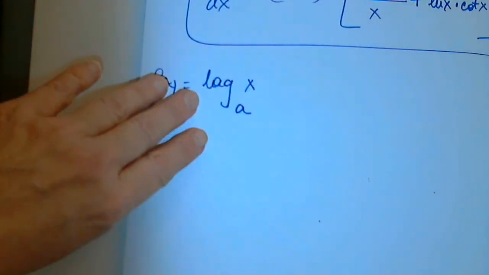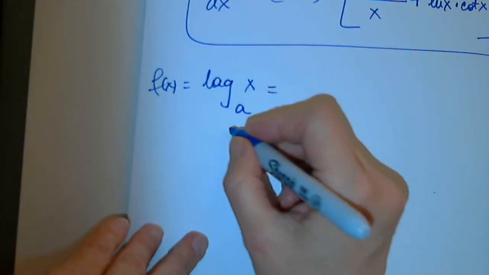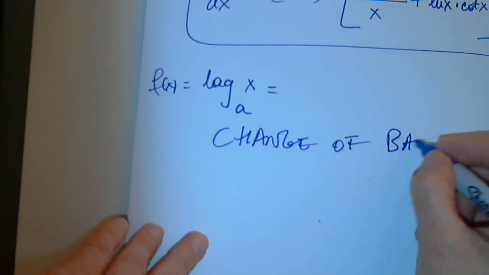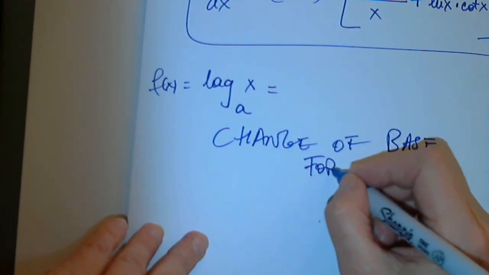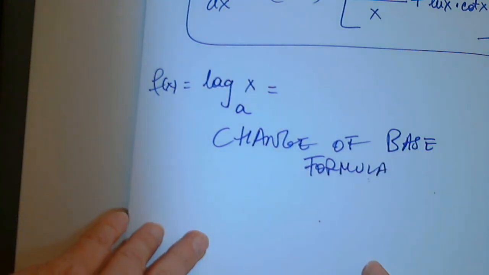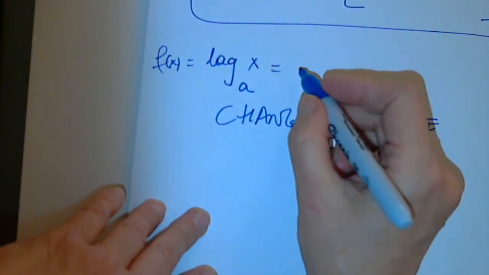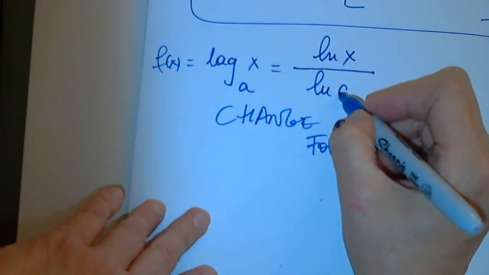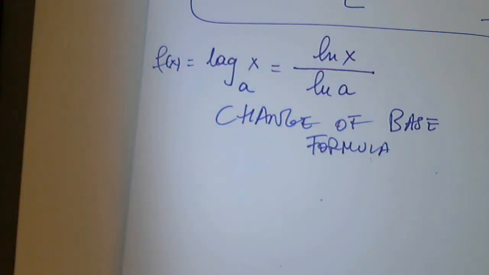Okay. So remember there is what is called the change of base formula. So this log has base a, which can be easily changed into natural log x over natural log a. So when we differentiate log in any base, we are really differentiating this.